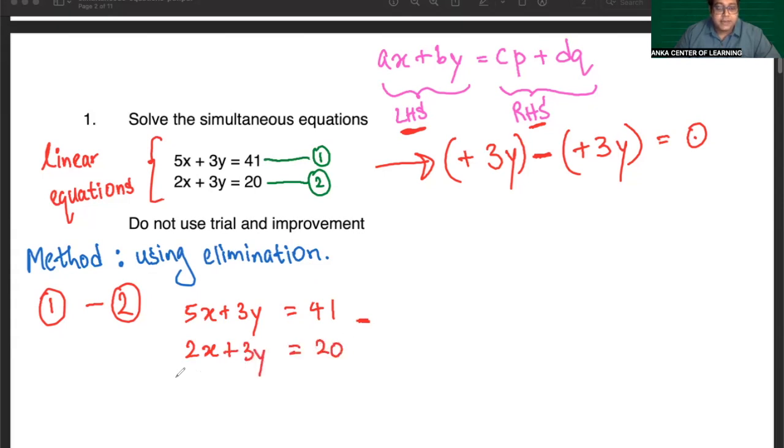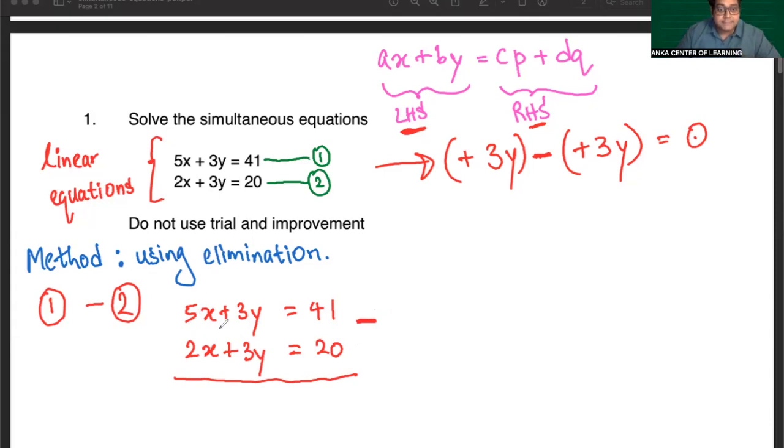Another way of expressing this is to write the LHS terms first and then move on to RHS terms. You can do it that way as well, but this is also not a problem. As long as you understand the method, it should be fine.